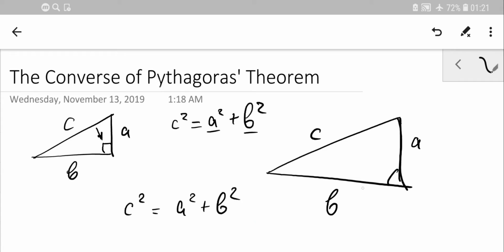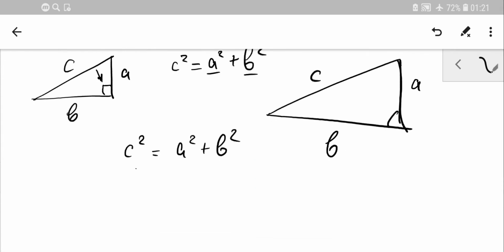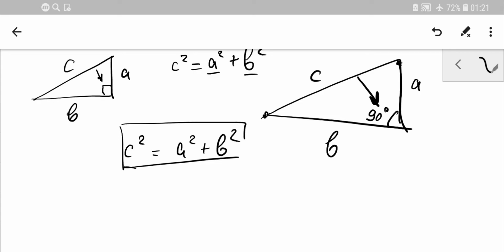The outcome is that the angle opposite C, the longest side, should be a 90 degree angle if this statement holds. So basically it tests whether your triangle is right angled, and it shows exactly where the right angle is. It should be opposite the longest side, which is C in this case.